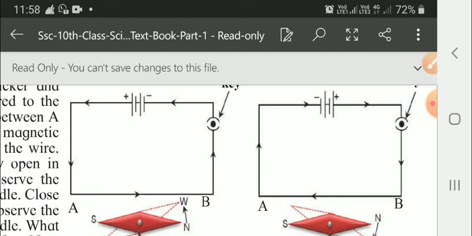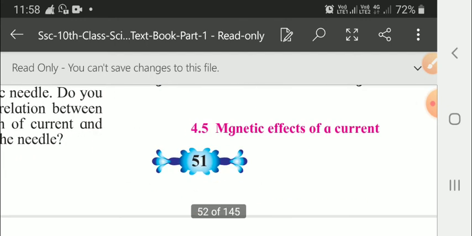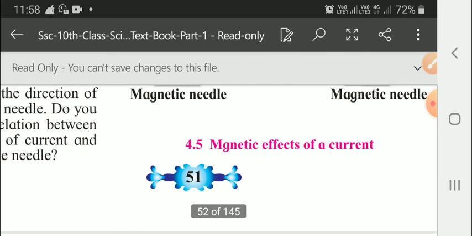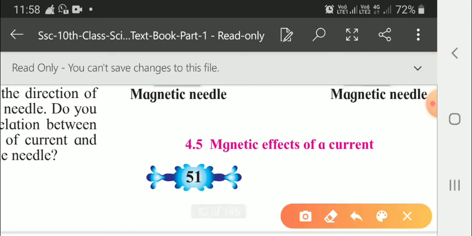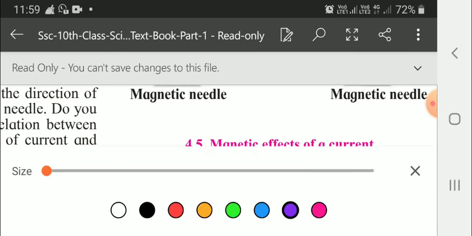Let us see some other activity. This is all about the magnetic effect of a current.